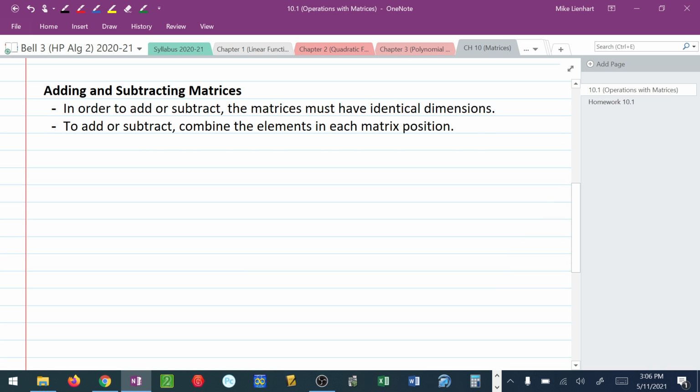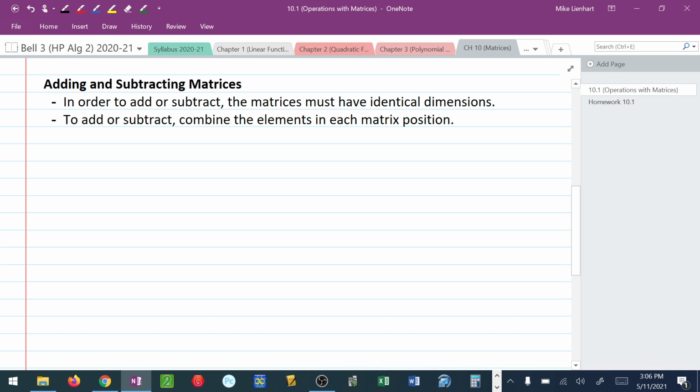For example, let's jump down here to adding and subtracting matrices. In order to add and subtract, the matrices must have identical dimensions. What does that mean? I can add a 2 by 2 with a 2 by 2. I cannot add a 2 by 2 with a 2 by 3.